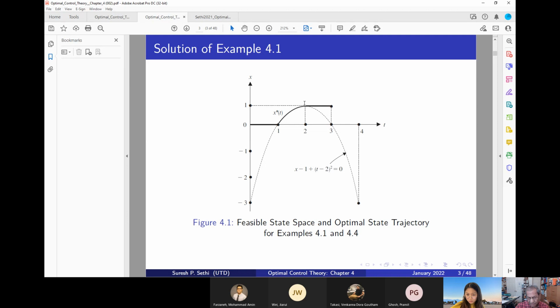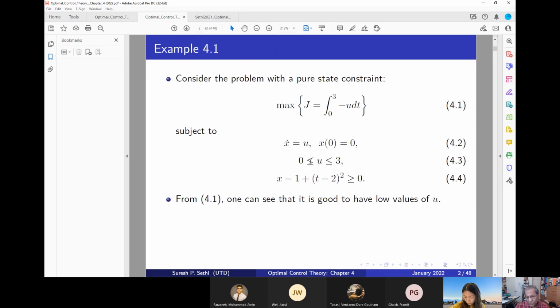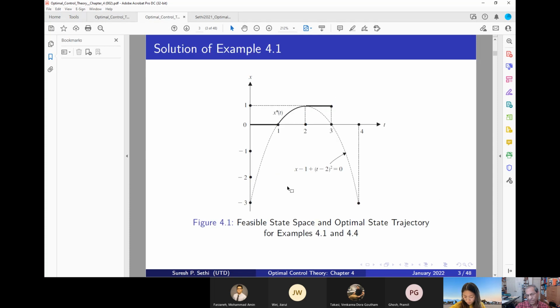Then when I reach 2, x is 1, I'm at the top of the parabola. If I use the control to go along the parabola, I need negative control, which is not allowed.